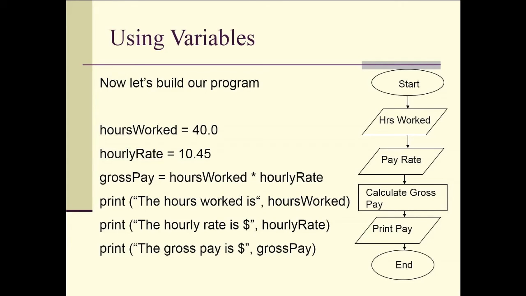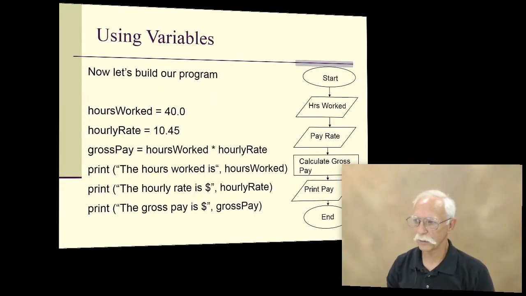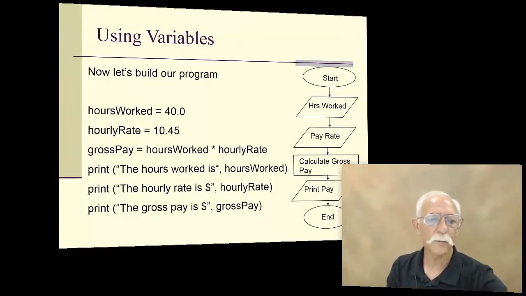Then I've got gross pay. This is my calculation, hours worked times, and you notice I use an asterisk, times hourly rate. Now, I've got 3 print statements. Those 3 print statements are not really part of the program. However, what I wanted to do was give the end user what the pieces actually mean.